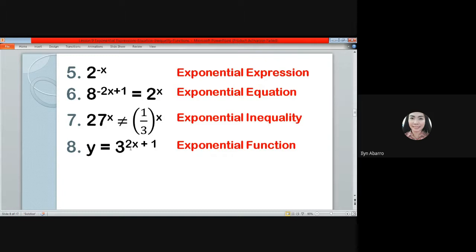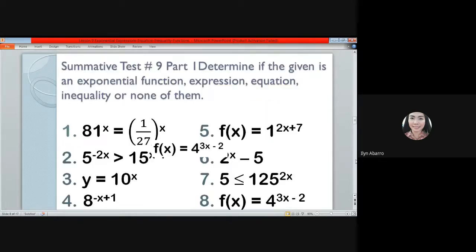Check. And the exponent is 2x plus 1, so we have a variable x in the exponent. So this is an exponential expression. So, therefore, y equals 3 raised to 2x plus 1 is an exponential function. Okay? So, is that clear? Okay, let's move on.